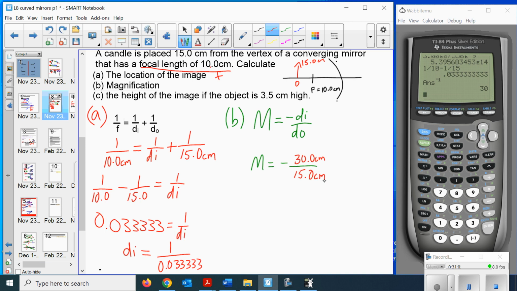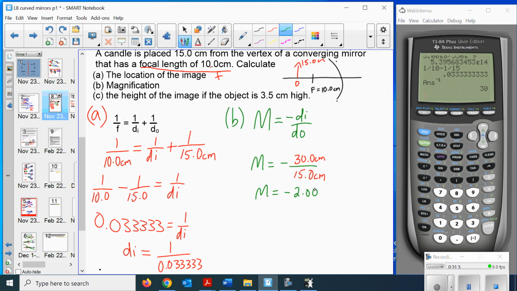You can use the calculator if you wish, but I don't need to for 30 divided by 15. What this means is it's negative, so that means it's inverted, therefore it's real, and it's twice as big.